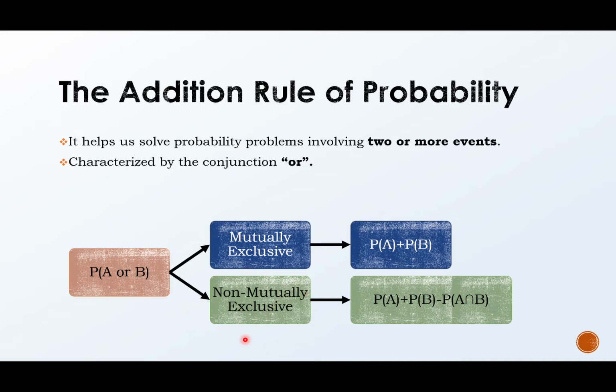Pero if A and B are non-mutually exclusive, ibig sabihin A at saka B, they have common elements, common sample points inside their set, no? Because events are actually subsets, right? So that's the reason why we subtract the intersection. Kasi nabilang na natin yan when we counted this one, probability ng A at saka probability ng B. So we subtract the intersection.